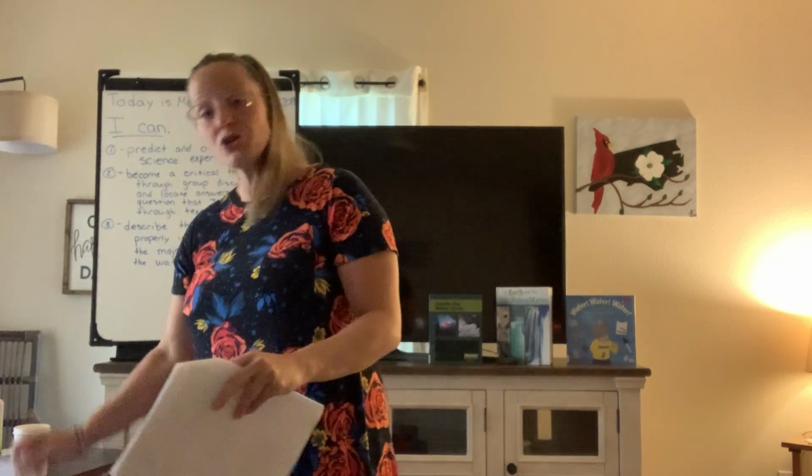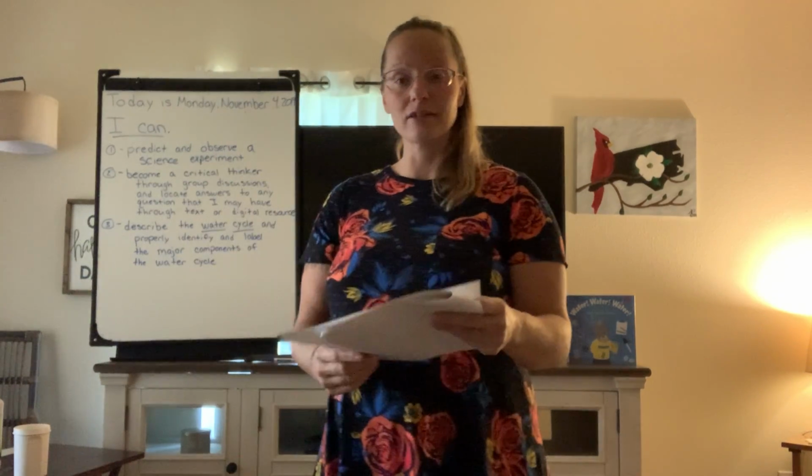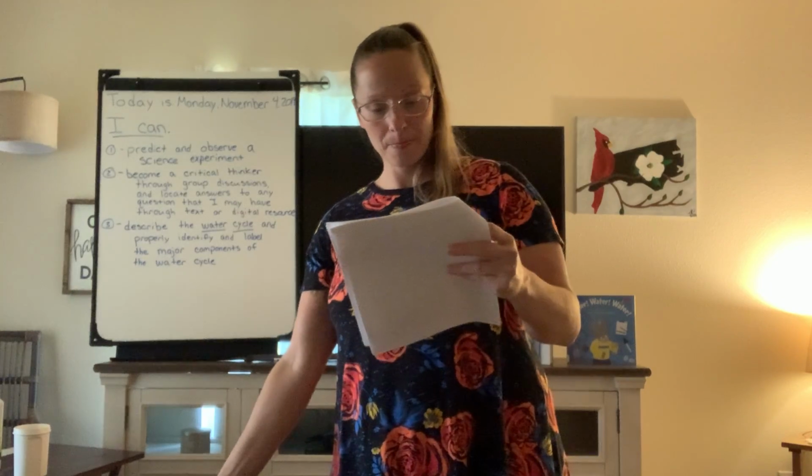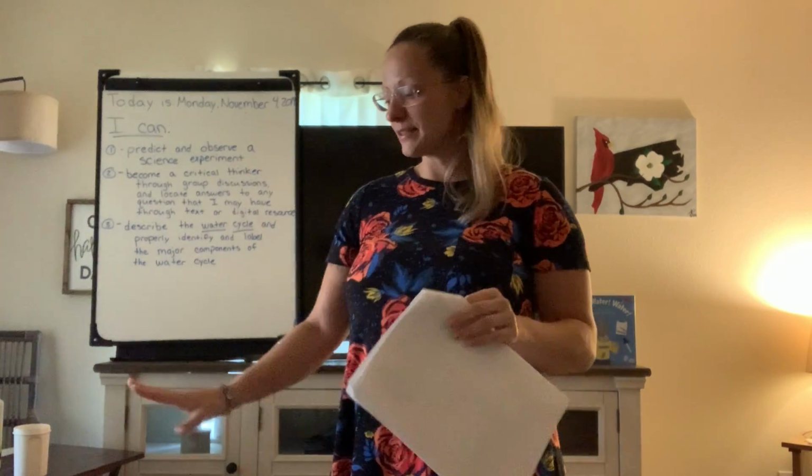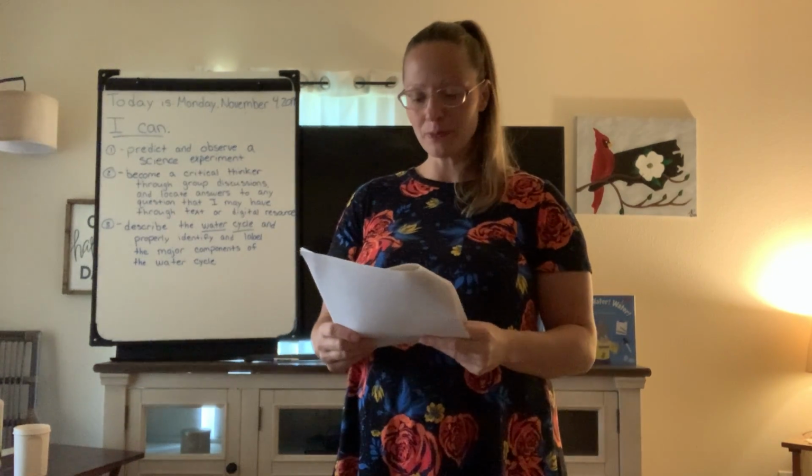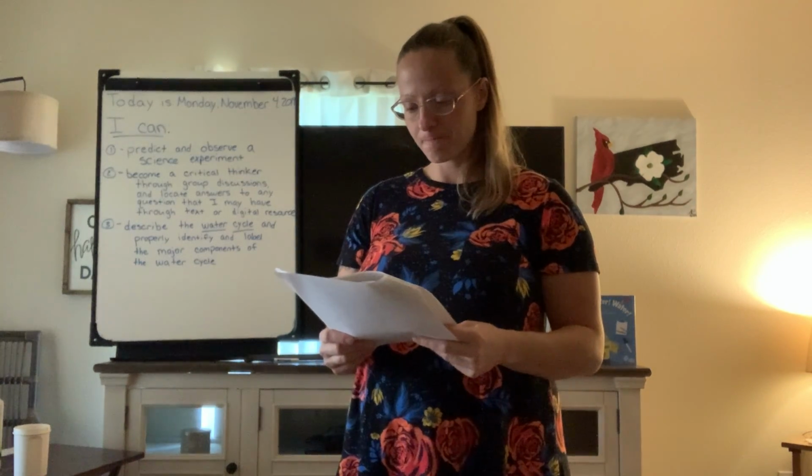Once you have illustrated and labeled the water cycle using any of the text in the classroom or your computers, we're going to go back to our water cycle experiment.